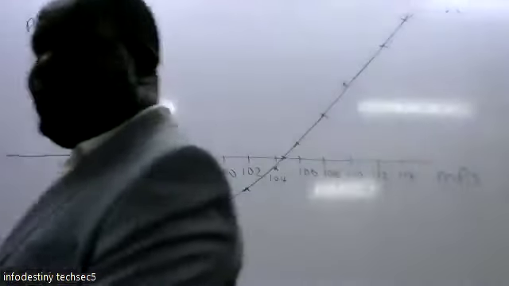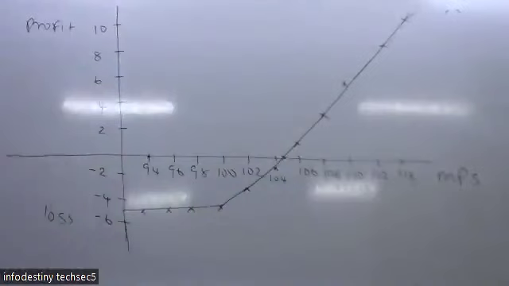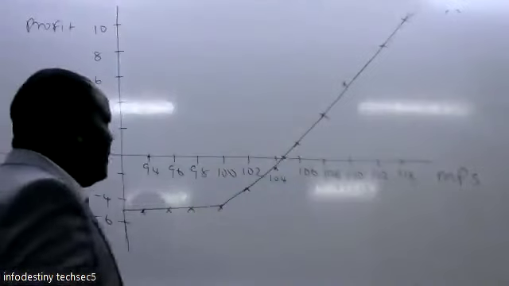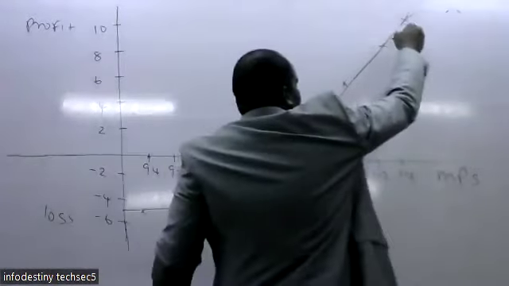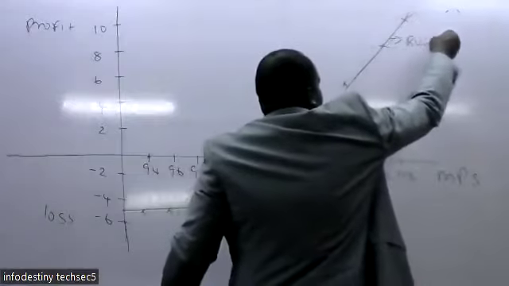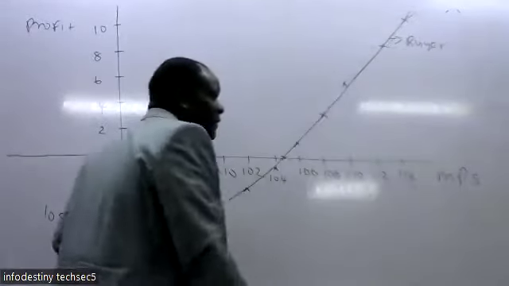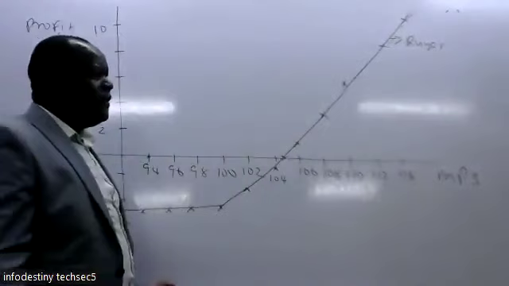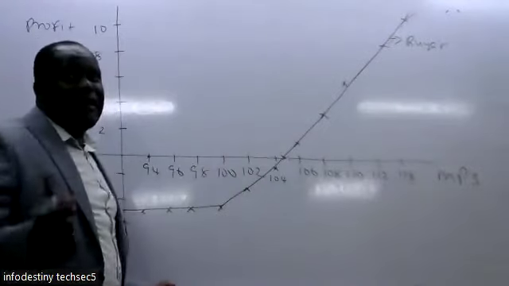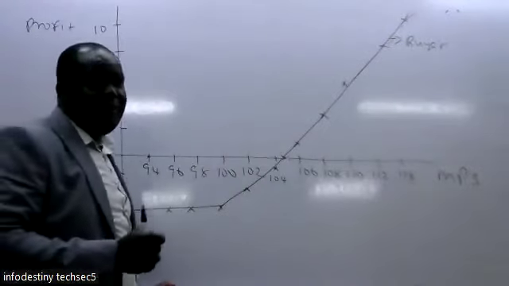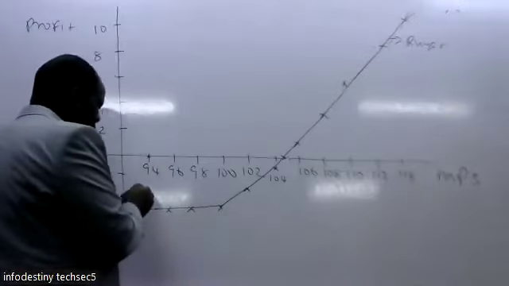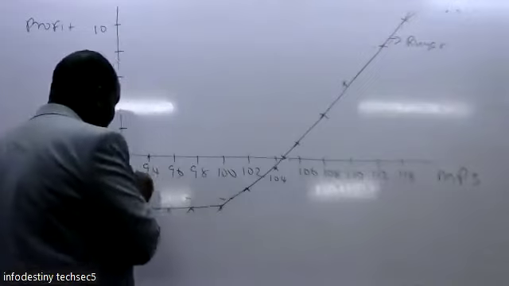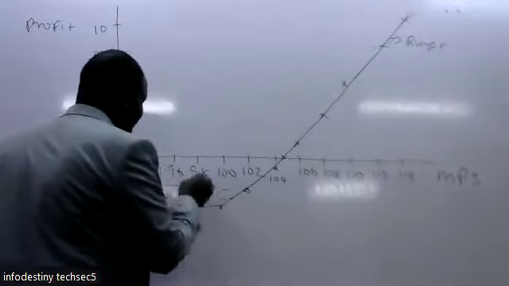So remember, it is for the buyer. The call option is about the buyer. So this one is the buyer of the call option. So the interpretation is based on at the money, in the money, or out of the money. So this zone is the loss zone.